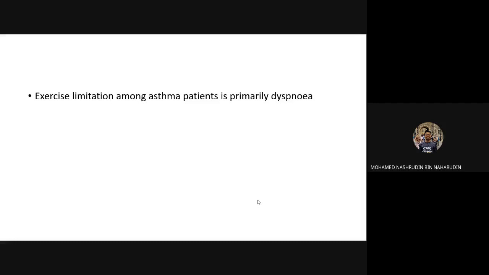That's the only limitation among asthma patients, unlike COPD, who have various exercise limitations. So when you prescribe exercise for asthma patients, you have to keep in mind that this is the only factor that limits them from exercising, and make sure they have an inhaler or any medication with them when they exercise.